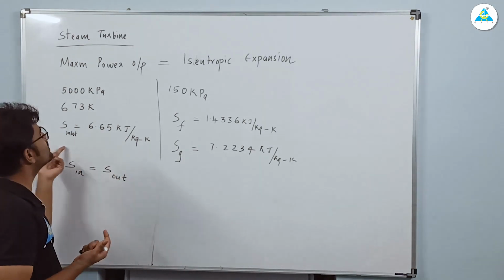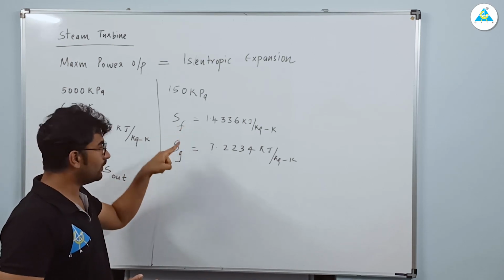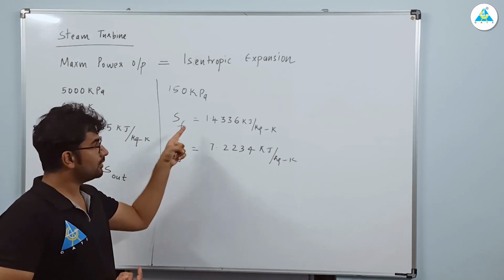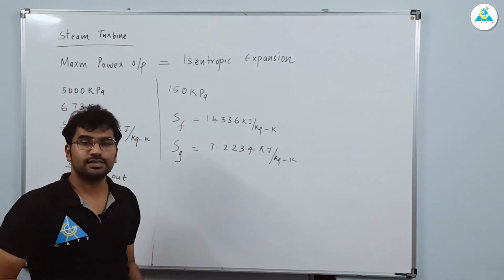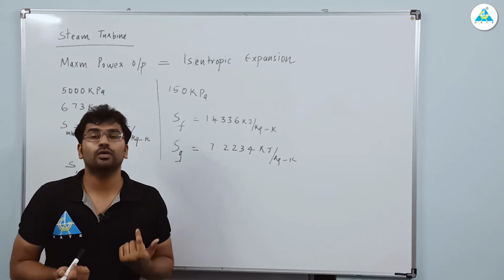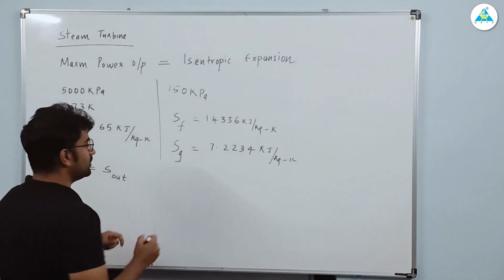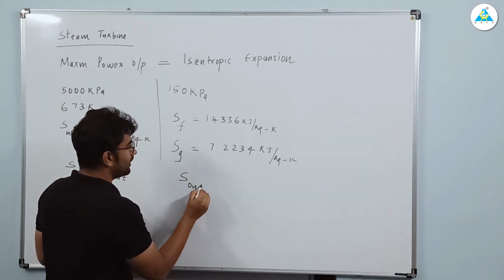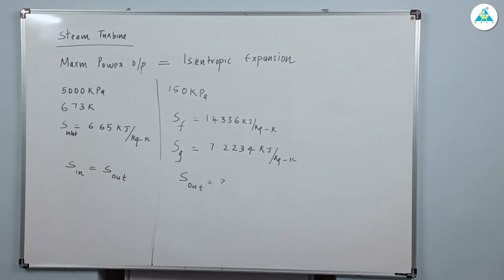So this may be what? Saturated. Right, but here when you have saturated liquid and saturated vapor means here you should find what? Quality of the steam. Right, here at the exit you have to find the quality of the steam. So how can you find the quality of the steam? Right, so if you want to find the quality of the steam, you need to find the entropy at the outlet. Clear? You need to find the entropy at the outlet. So read the question and understand how to find the outlet.